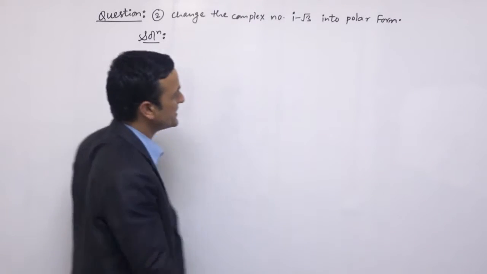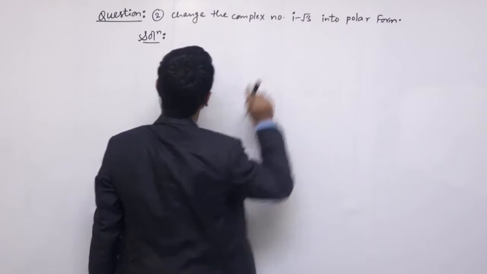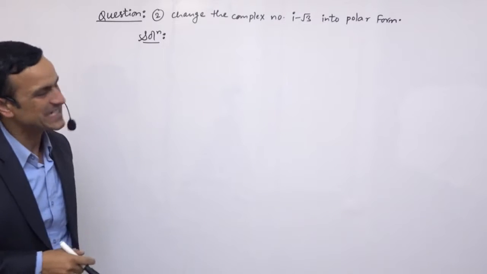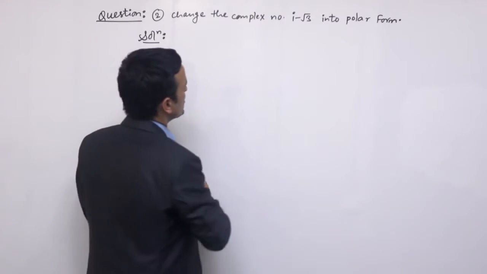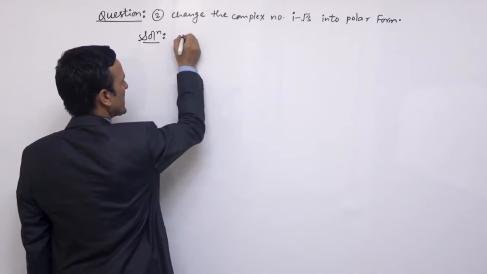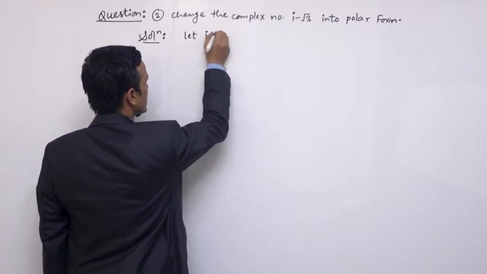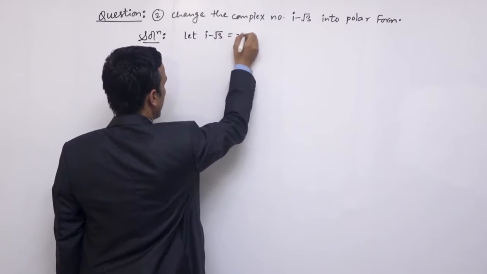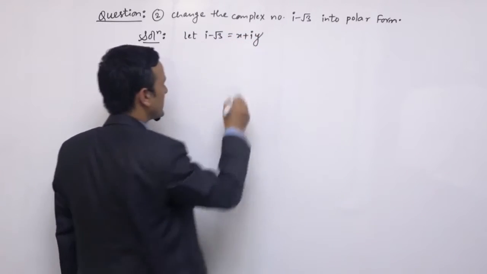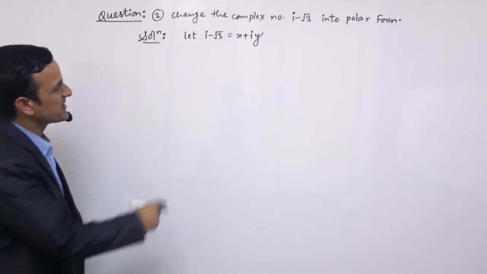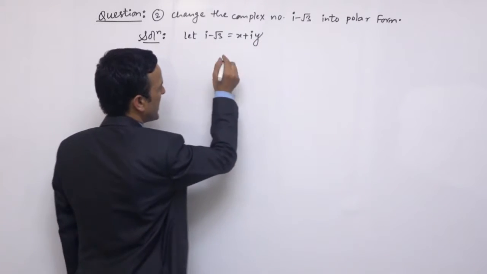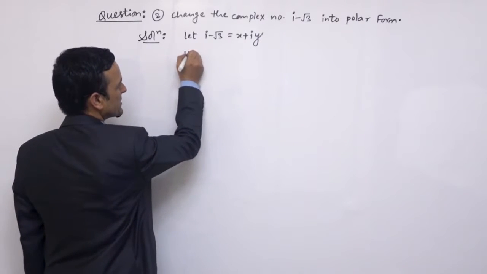सेम क्वेशन रिपिटेड. So question is slightly different, but we have to change it into polar form. So let's write this one term. Let i minus √3 is equal to x plus iy. So if you compare this question with x plus iy, then we get this.